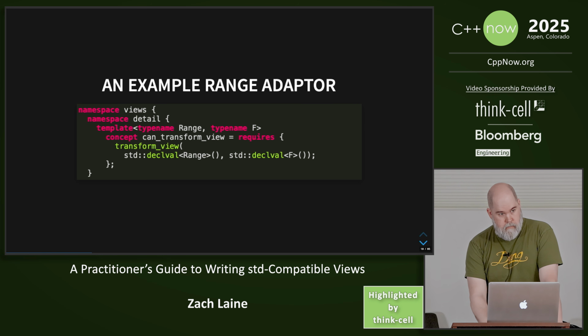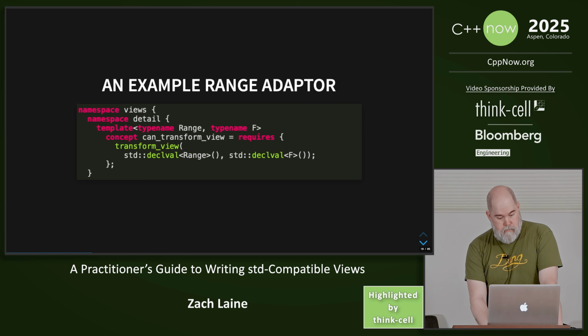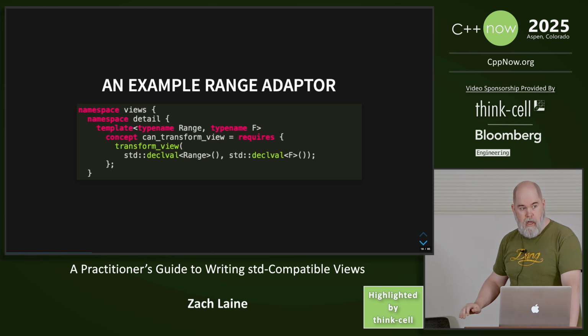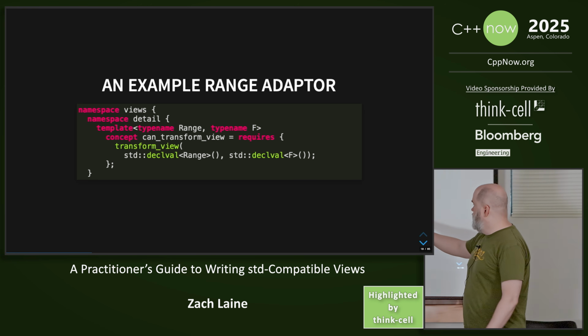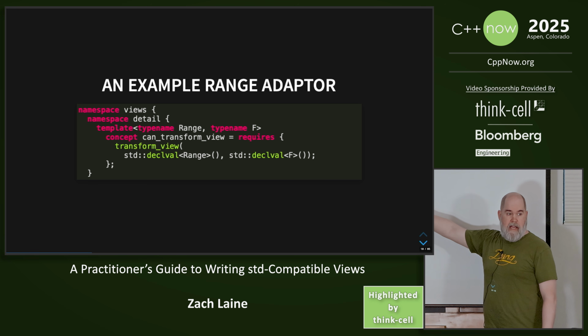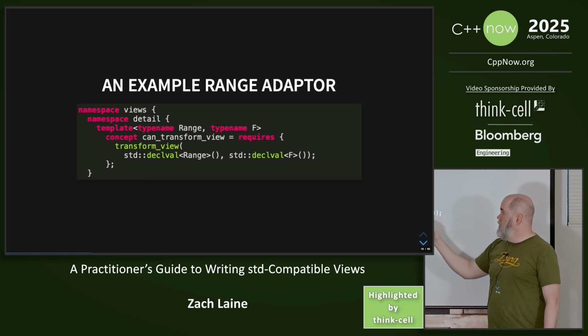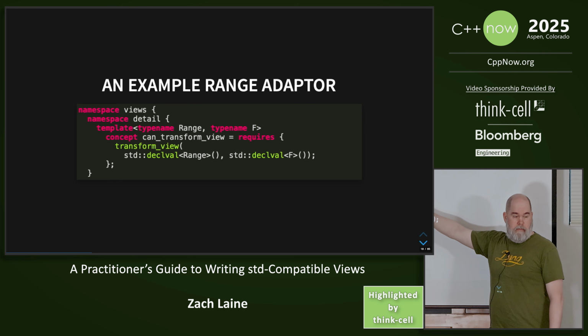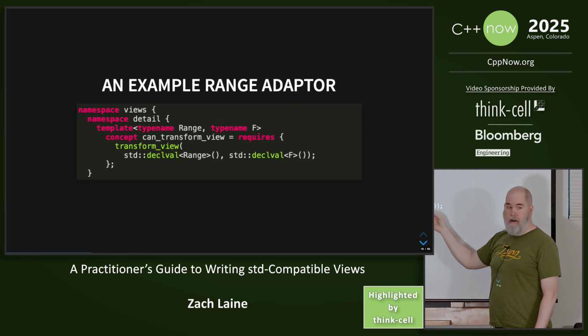But you don't have forwarding references here, right? So you always try to construct transform view from an R value. Not from an R value. This becomes a forwarding reference because you instantiated the category. Basically. Well, no, I'm saying if you put T ref here, then we add ref here and it collapses.